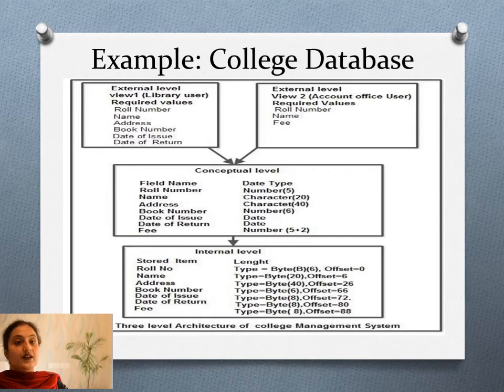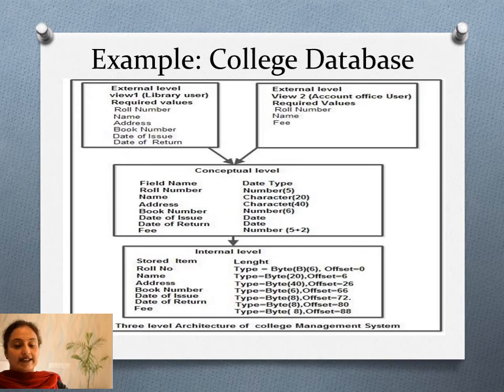For example, library user is interested in roll number, name, address, book number, date of issue and date of return. That is all the fields that are related with the library information of the student. And the second user, that is account office user, needs only roll number, name and fee detail of the student.